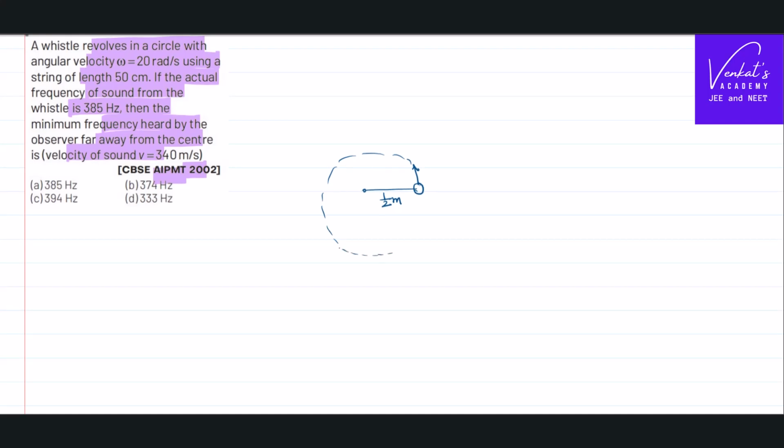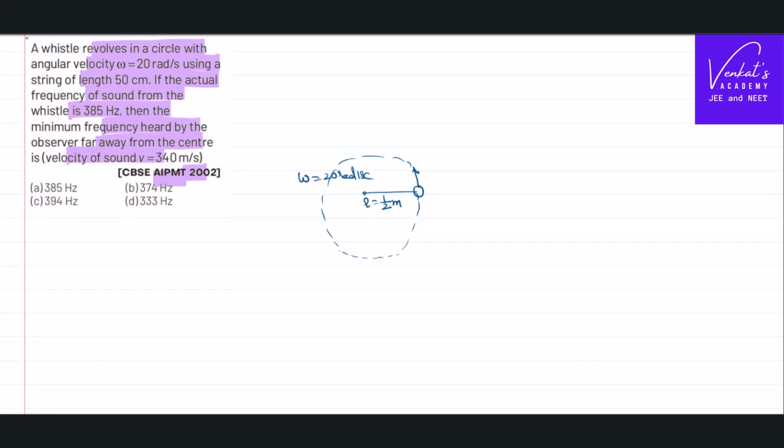It's with an angular velocity omega equal to 20 radian per second, with the radius of the circle half a meter. Thus it has a linear velocity with which it is moving at any point, which can be calculated using the formula V equal to R omega. R equal to half meter, omega is 20. So the velocity of the source who is making a sound is 10 meter per second.